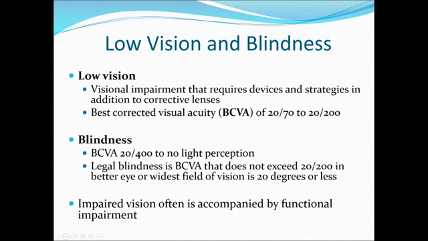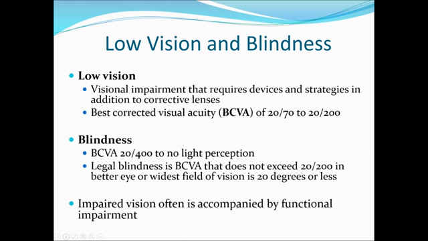So I am not considered to have low vision. But with low vision, even with corrective lenses, people still have difficulty seeing. They require additional devices and strategies. These people would have a best corrected visual acuity of 20/70 to 20/200.